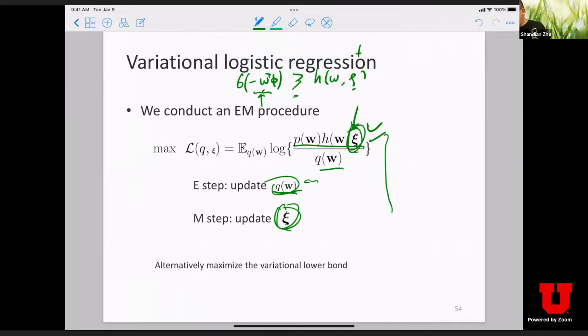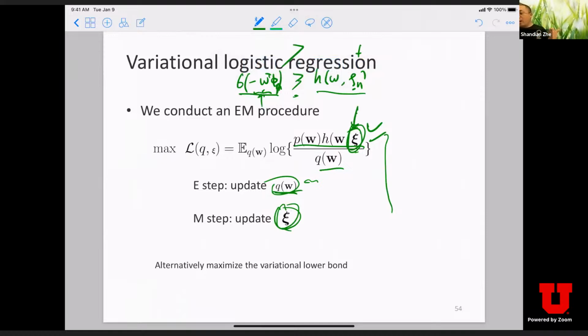So in fact, for every data point, here is phi n, we only choose one single point of ξ to lower bound this function for every possible W. So actually, this lower bound cannot ensure that it is equal to the sigmoid function for every possible choice of W. In most cases of W, it will be less than the sigmoid function. So now we can see this trade-off.